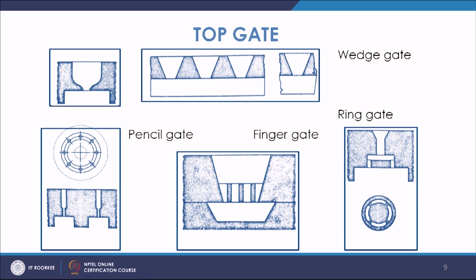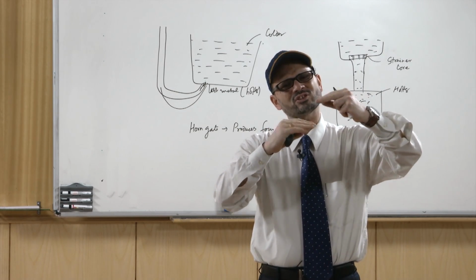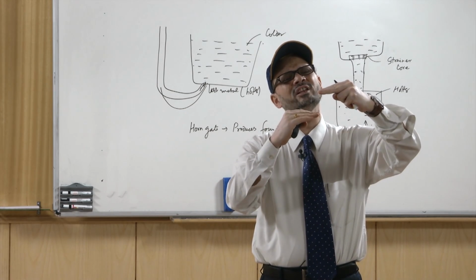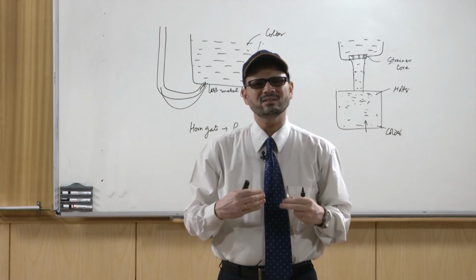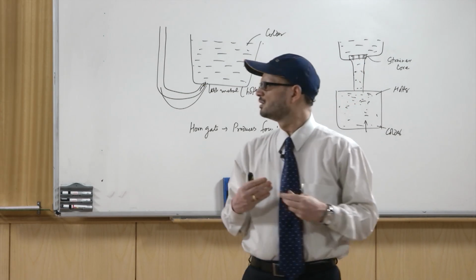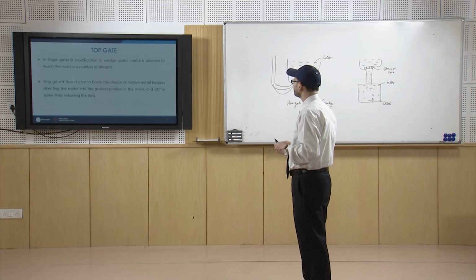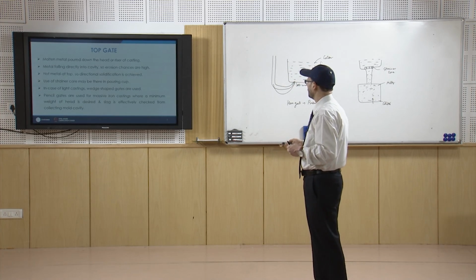That is known as the pencil gate. It is for those castings where a very small head needs to be maintained, and there will also be blockage of the entry of foreign impurities.